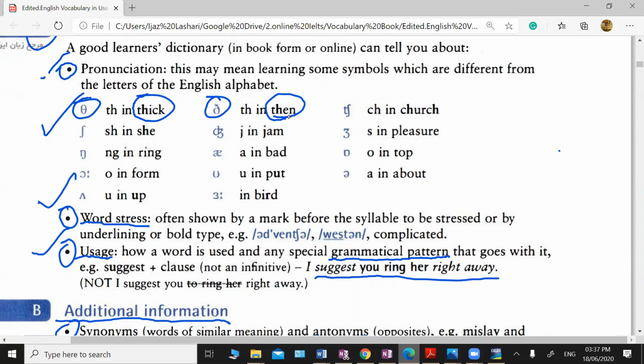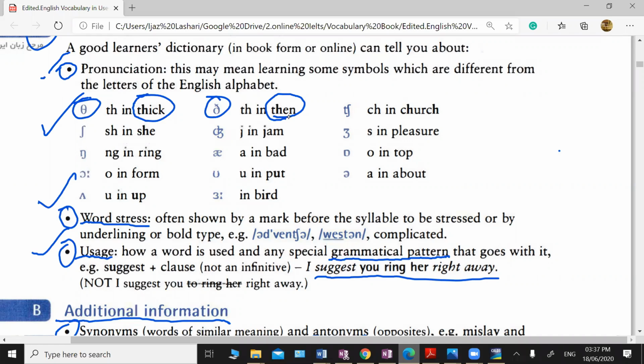It can be more than one syllable. Stress is often shown by a mark before the syllable, where you should put more stress, more focus when you say something, or give more weight to that part of the word.